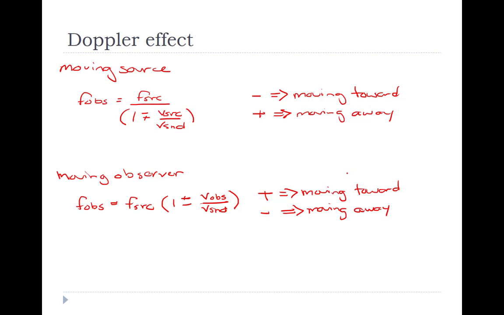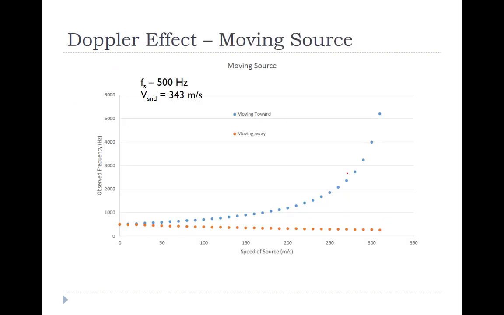Now, I made an Excel spreadsheet for you. I will put it in the resources folder on Sakai so you can go and play with it and look at it, where I graph the results of these two equations for you. So first we're going to look for a moving source. For this Excel spreadsheet, the frequency of the source was assumed to be 500 hertz, and the speed of sound was 343 meters per second. Blue corresponds to moving toward, and orange corresponds to moving away.